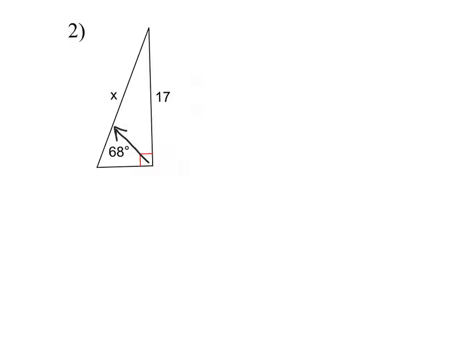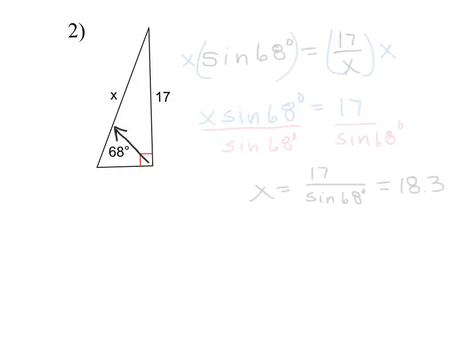Therefore, since we have the opposite side and the hypotenuse, we're going to be using the sine function again. I'm not going to work through that, I just wanted you to see that, but I'll show you the answer and the work. So try to work this one and then resume the video. Here's the answer.